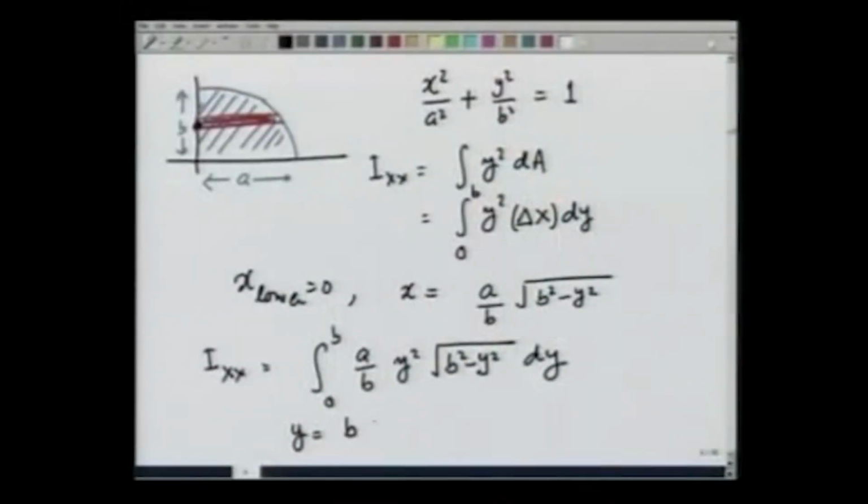This is what we got to integrate. To do this, we substitute y equals b sine theta.